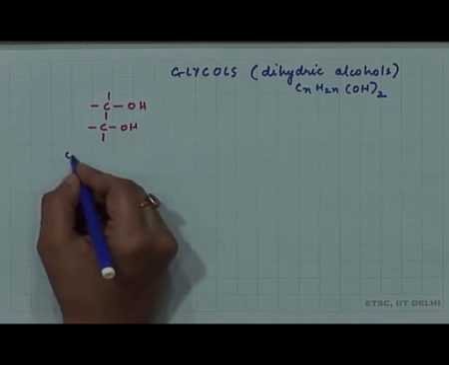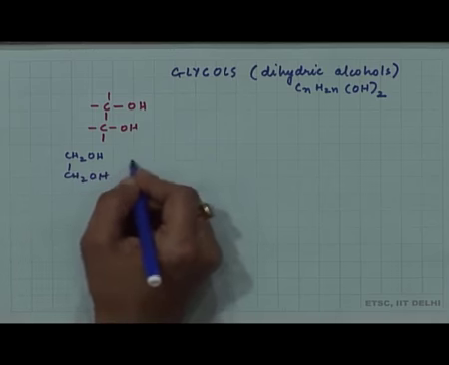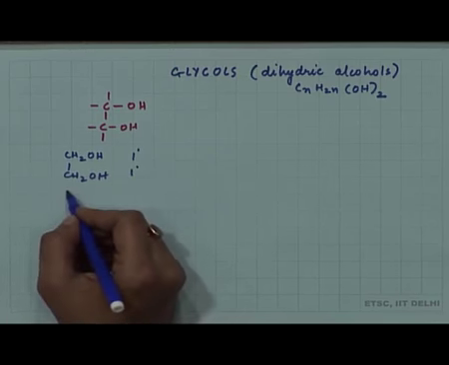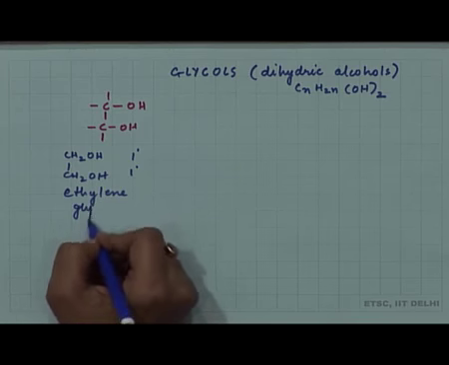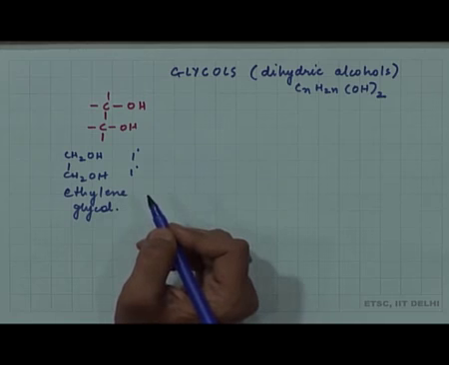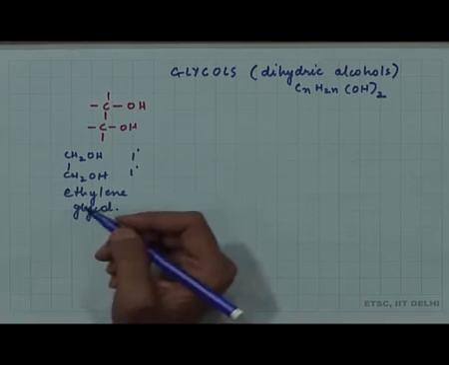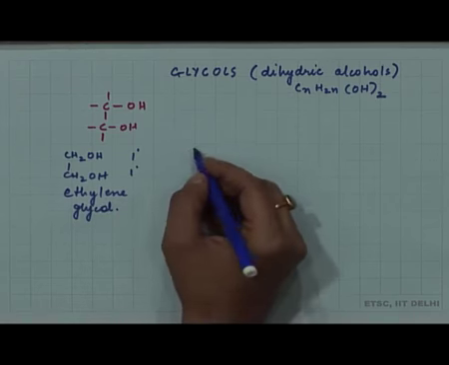If you have both primary, you call this ethylene glycol. We talked about even the physical properties of glycols, when talking about what the impact is on the boiling points of molecules with more than one hydroxy group, by virtue of hydrogen bonding.